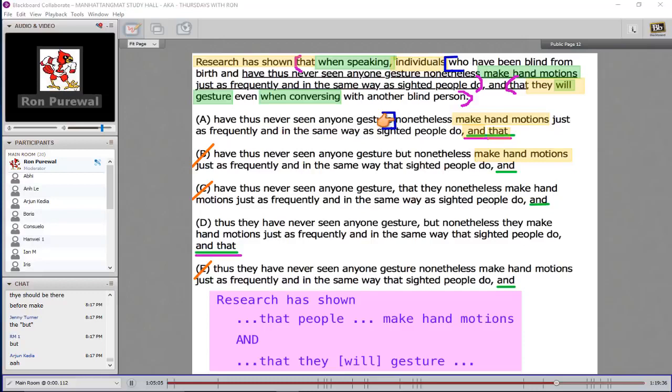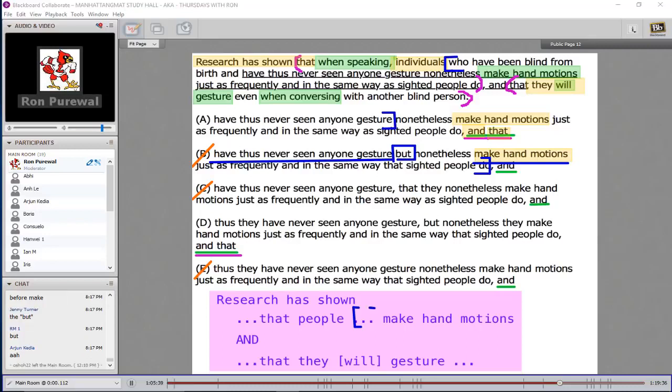So the problem with the way that B is constructed, and it doesn't change anything if you put a they there, is that B is a modifier all the way up to there. Because B mistakenly has that in parallel to this. That's totally the wrong construction, because one of those is supposed to be a modifier where I have these three dots, and the other one is supposed to be the main verb.